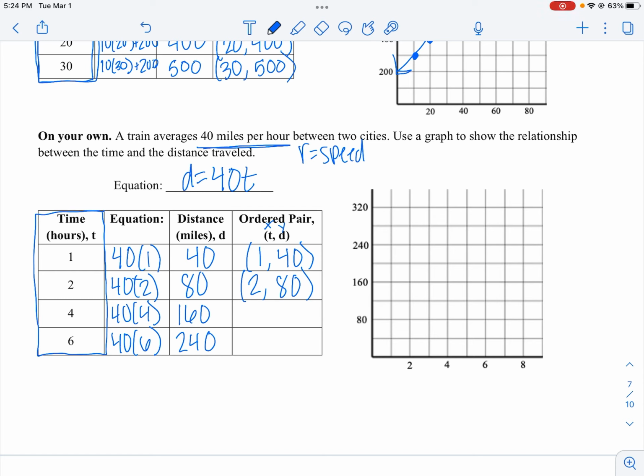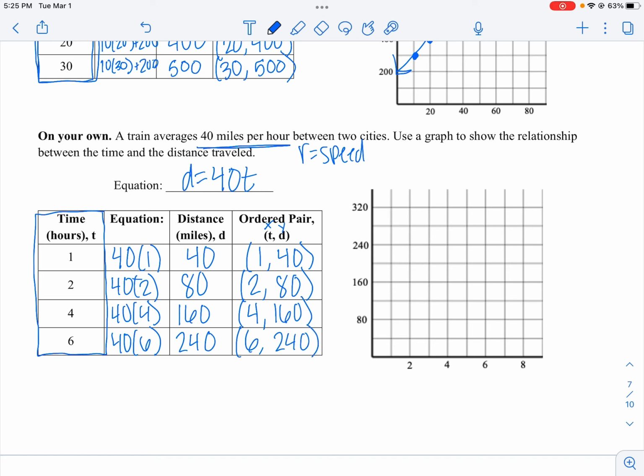Okay, try these next two on your own. Okay, if we drive for 4 hours, then we will go 160 miles. And then if we drive for 6 hours, we'll go 240 miles.